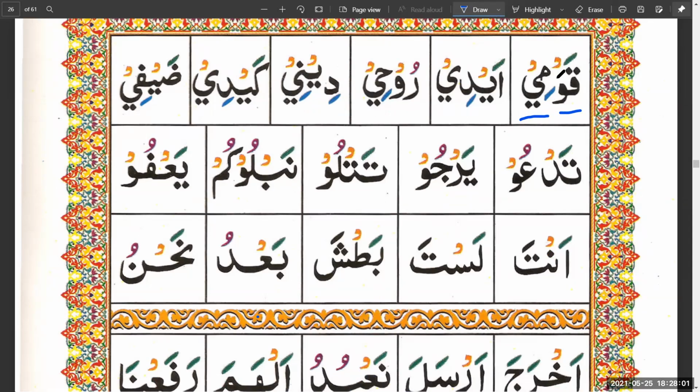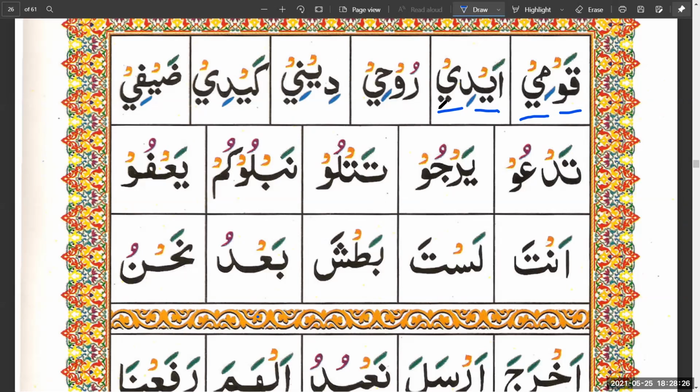And remember, we're stretching out this mi part because we have a kasra that comes before a ya. So that's the double E sound. So we stretch it for 1 second. Qaw, mi.